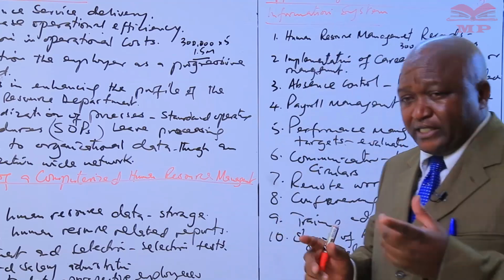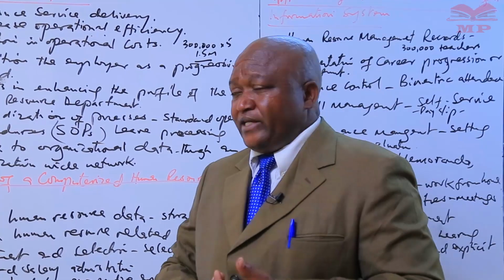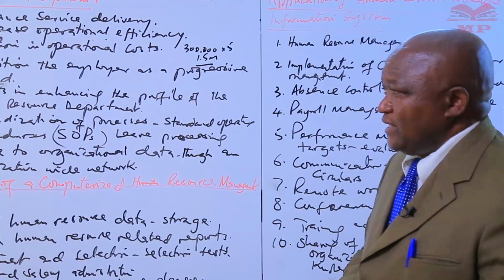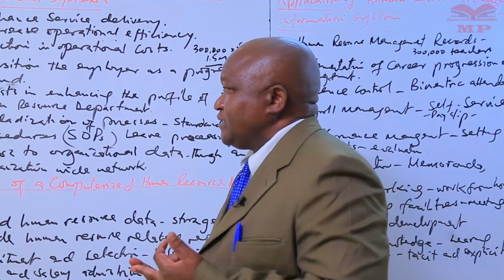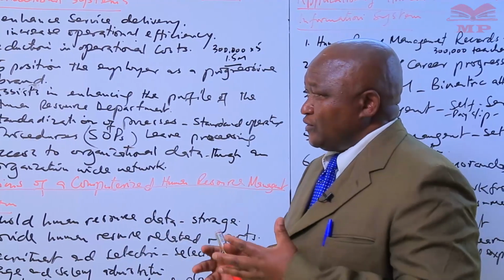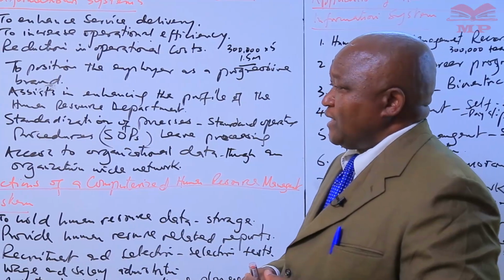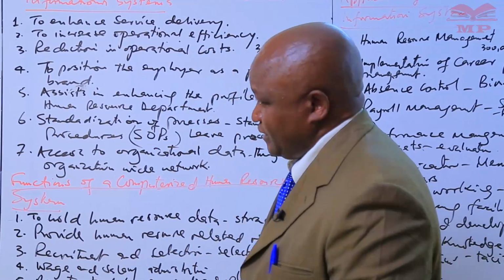This consists of a fully integrated organization-wide network that has human resource data, information services, databases, tools and transactions, and these kinds of organizations can be categorized as EHR organizations.